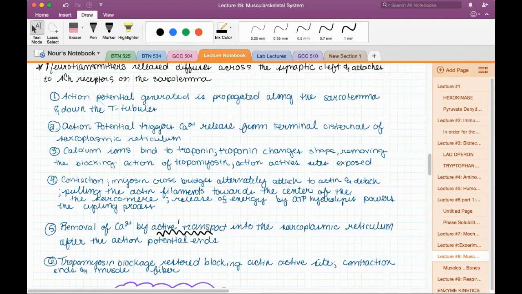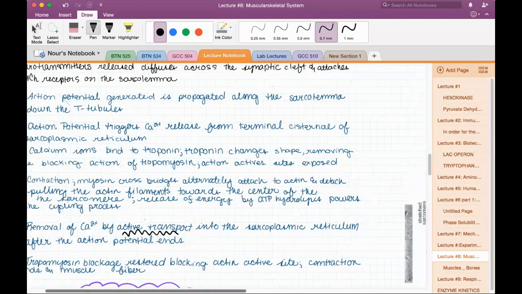For the removal of calcium, after the power stroke occurs, you want to stop it, so you put in ATP, and that ATP or active transport powers the movement of the calcium back into the sarcoplasmic reticulum. I'll write that down on the side.